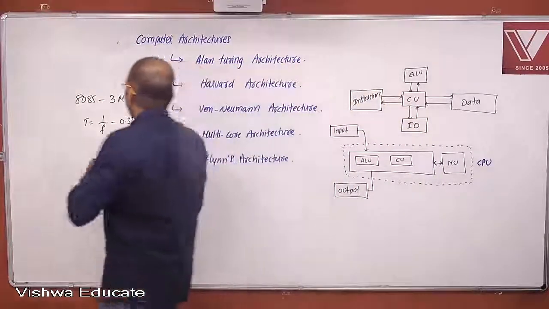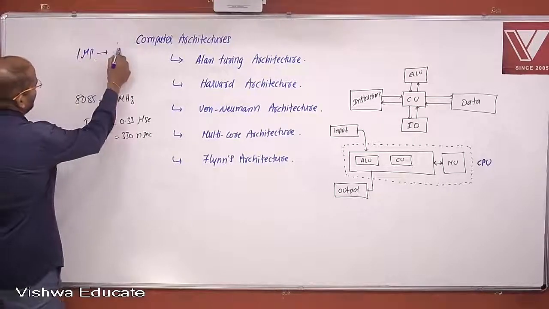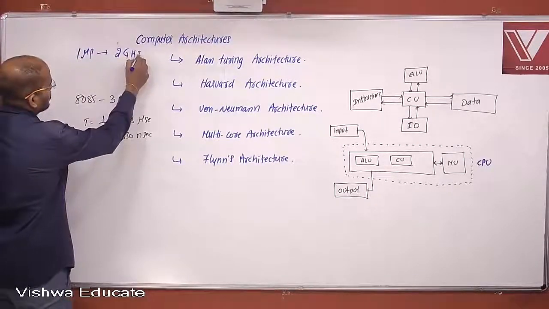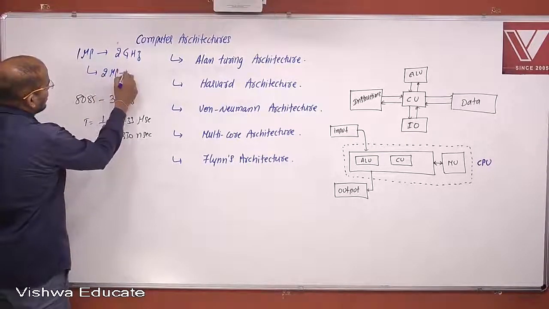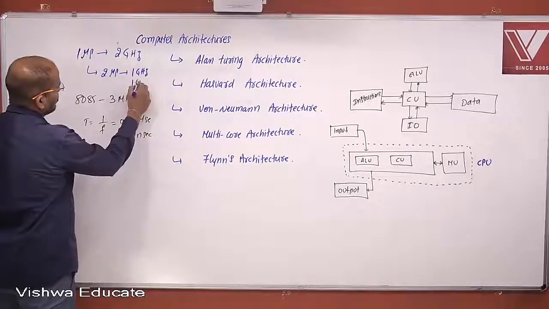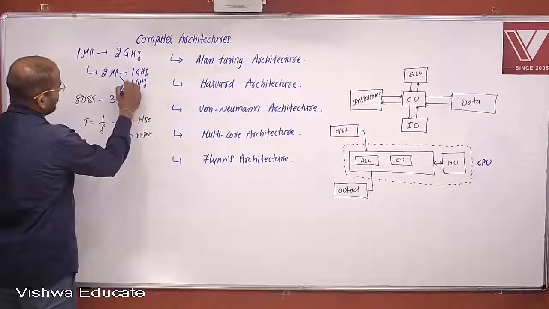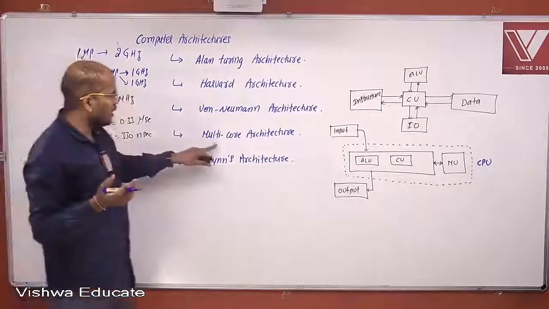Like a single processor which can work with 2 gigahertz, they want to make it as two processors each with 1 gigahertz capacity. And they called each processor as a core, multi-core.